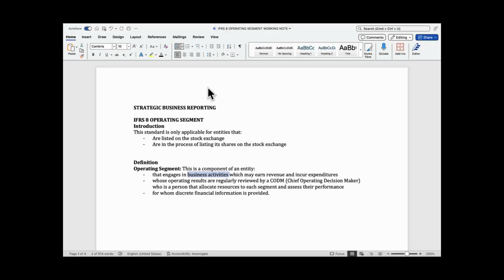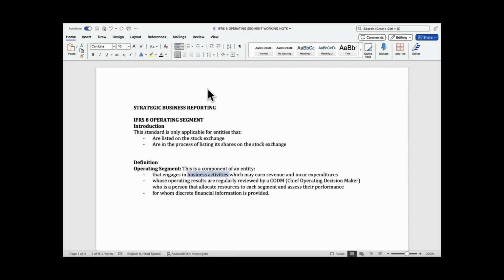If your head office comprises HR, accounting department, all of those ones that are just running as internal units of the organization that do not impact on the revenue of the company, and they themselves don't make money, no, those ones are not operating segments because they are not carrying out business activities.